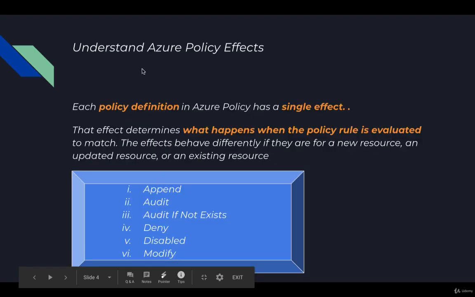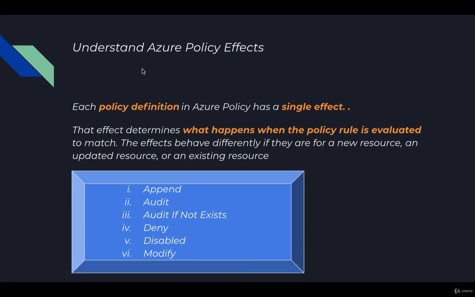Then we have the policy effects, like we discussed in the previous lecture as well. Each policy definition in Azure Policy has a single effect, and that determines what happens when the rule is evaluated to match, and it behaves differently for a new resource, an updated resource, or an existing resource.